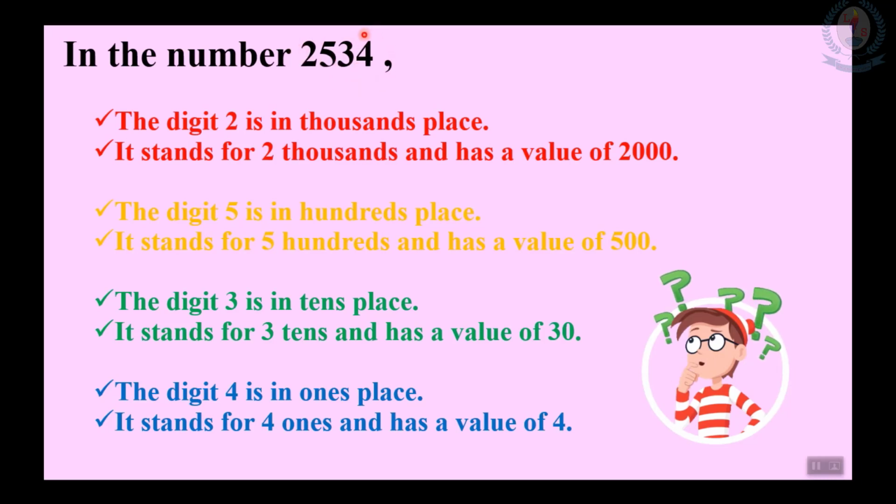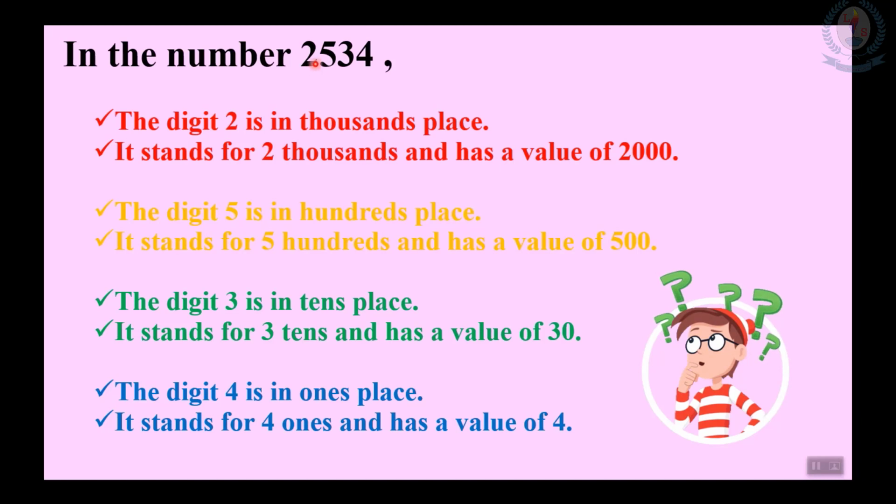Always on the right hand side, the first digit shows the ones place, the second shows the tens place, the third shows the hundreds place, and the next one shows the thousands place.